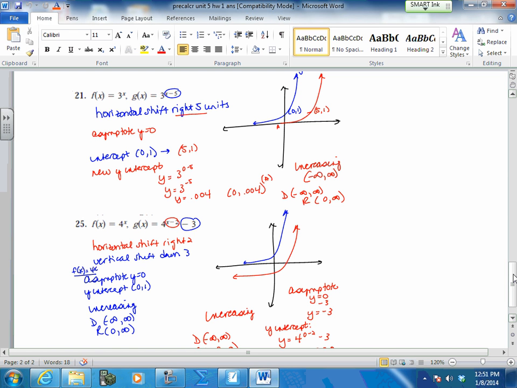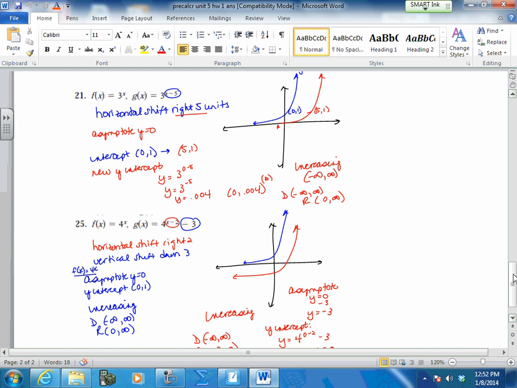I can talk about my intercept change, my new intercept, what it would be, increasing function like we talked about in the classwork one where we described it all, domain, range, find your domain, find your range. If your asymptote changed, your asymptote doesn't change on a horizontal shift. This one, in a vertical shift, my asymptote will change. Okay.